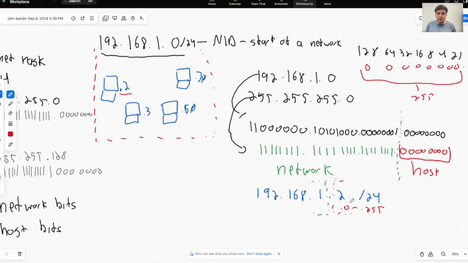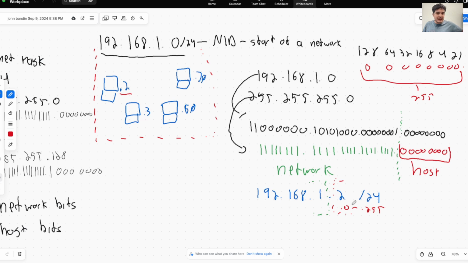So the subnet mask is telling me that all these zeros are for the host. Well, I fall within that. I know my network. Now my host range is going to be 0 through 255 because I'm .2, so I fall within that range. So everybody else within that range is in my network, and I'm a part of their network. And that is as fundamental, as bare bones as I can talk about subnetting.